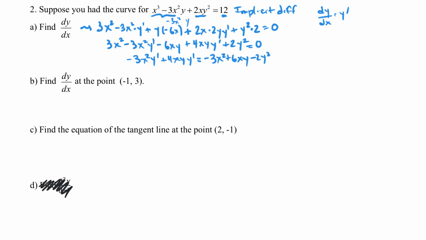And now continuing on with this, I will take the y prime out. I'm going to just do this all in one step. I'm going to take the y prime out and then divide it over. So I will get y prime, which is my dy/dx, as being negative 3x squared plus 6xy minus 2y squared all over negative 3x squared plus 4xy.